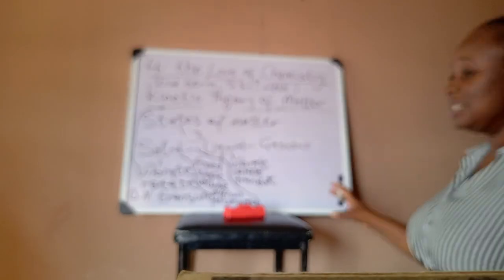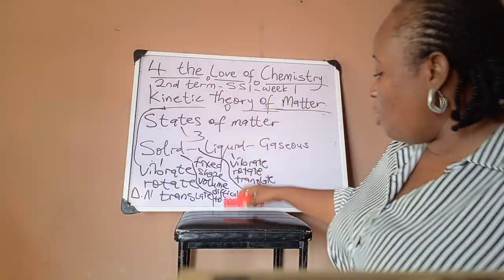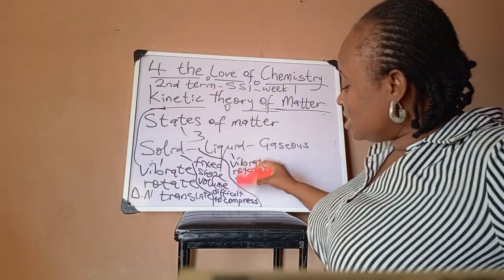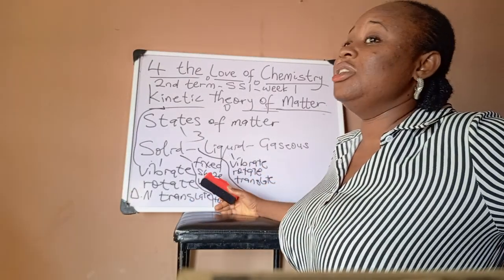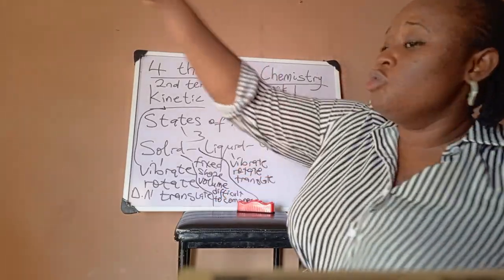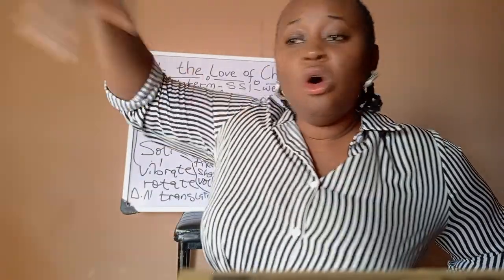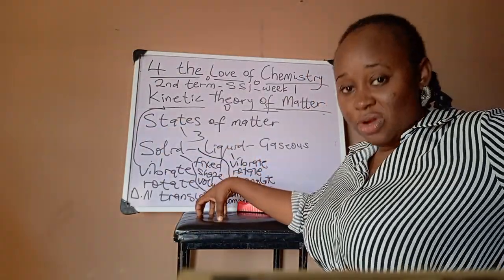But the translation is limited to, for instance, when you pour water here, the water will definitely move from where you pour it and spread out as much as it can. But of course, there is no way the water you poured here will reach past this window or begin to go far. But it has at least moved from this point to another point.